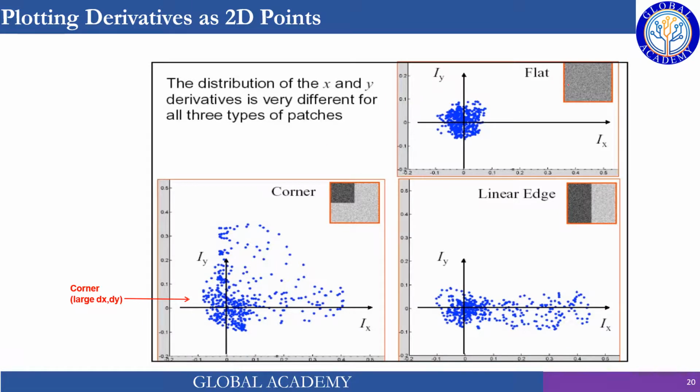Now, here we have a flat region and we got all the values of ix and iy at any point. A smaller value of ix and a smaller value of iy is more probable, or there is more chance. But in case of a linear edge, we got higher values of ix. And similarly, if we have the same image size and a linear edge along the x-axis, we will get a scatter along the y-axis, like this.